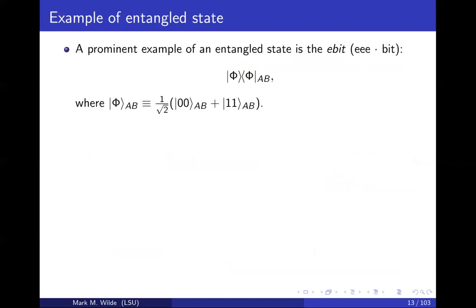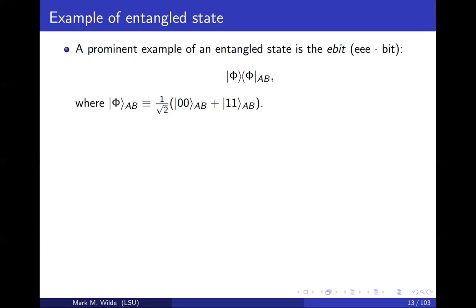Let's talk about an example of an entangled state. This is perhaps the most important one, a state that appears quite frequently, and it goes by different names. It goes by Bell state. It goes by EPR pair, after Einstein, Podolsky, and Rosen. In quantum information language, it's called an e-bit, because it's like an entangled bit, like one bit of entanglement.